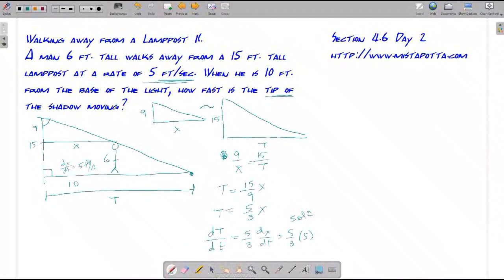Now again, remember that this is a solution, and what I'm looking for is an answer. So I need to make sure that I answer the question. The question is, how fast is the tip of the shadow moving?